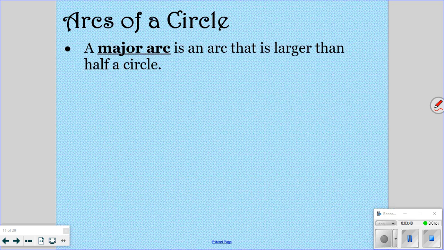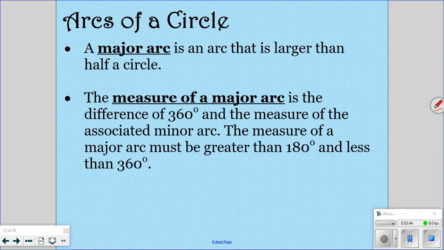For a major arc, it's an arc that is larger than half of a circle. So it's going to be between 180 and 360. And you can find the measure of the major arc by taking 360 and then subtracting the associated minor arc, because they have to add up to 360 together.